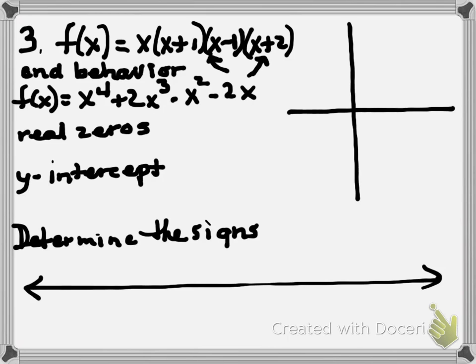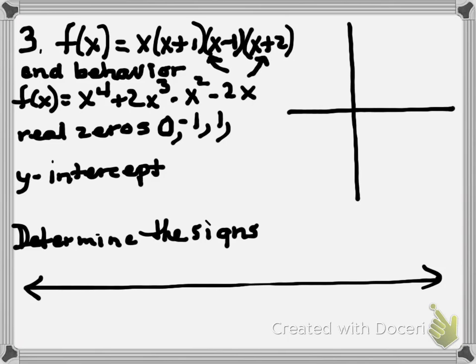The real zeros: set each one of these factors equal to 0, and there are 4. X is a factor, so setting x equal to 0 gives you 1 real zero. X plus 1 gives you negative 1. X minus 1 gives you positive 1.